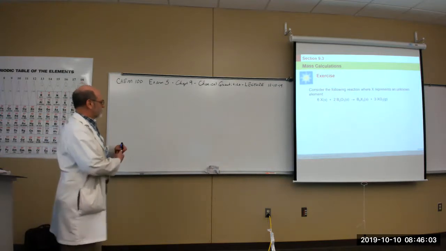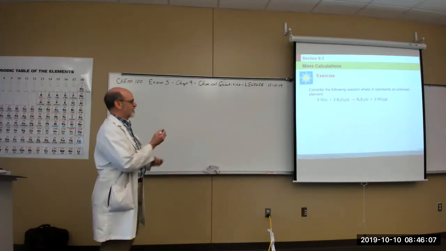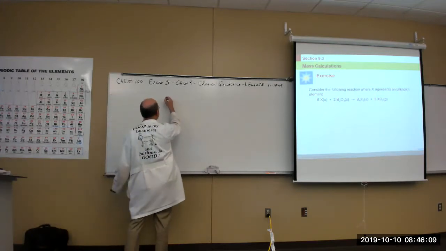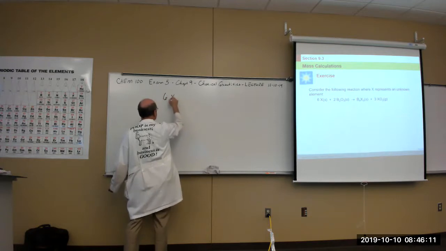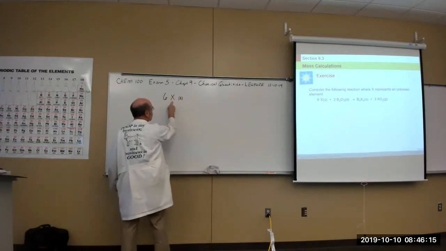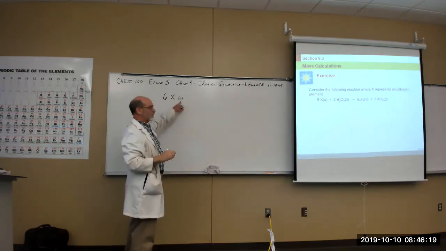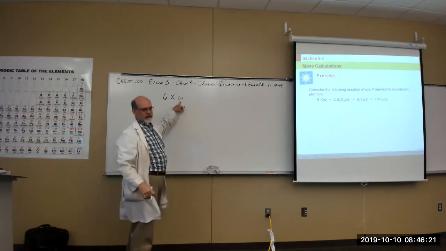Okay, I'm going to do this one on the board because it'll probably spin your head around. So let's say we have this reaction and they've been kind enough to balance it for us. This is an unknown element, right? Probably a metal, but it doesn't have to be a metal.